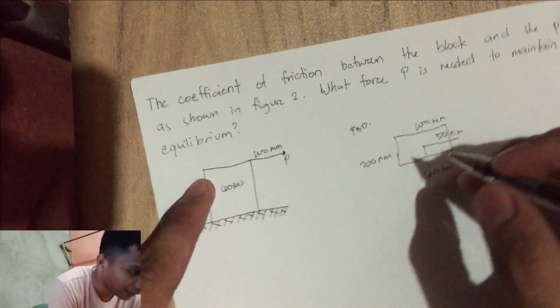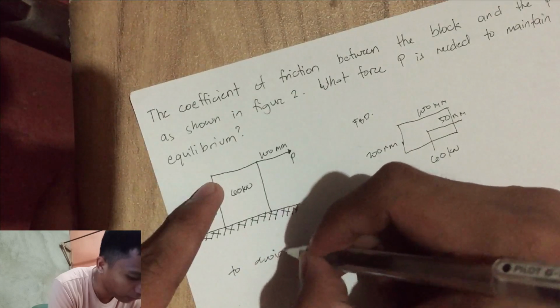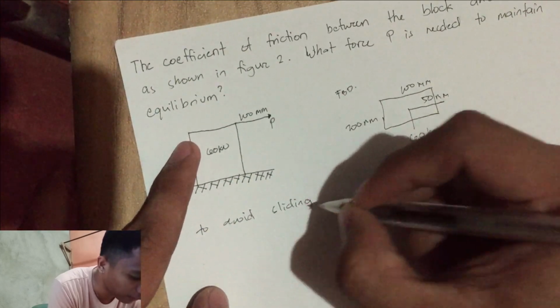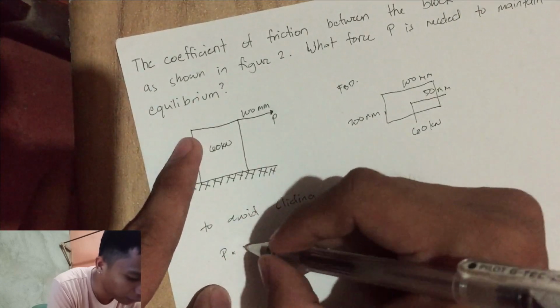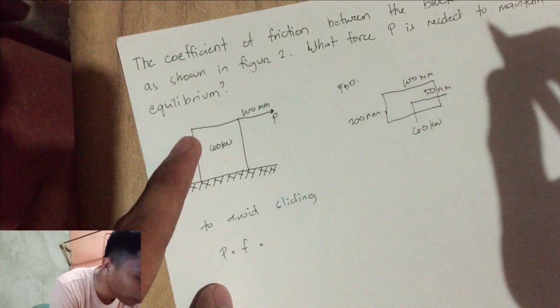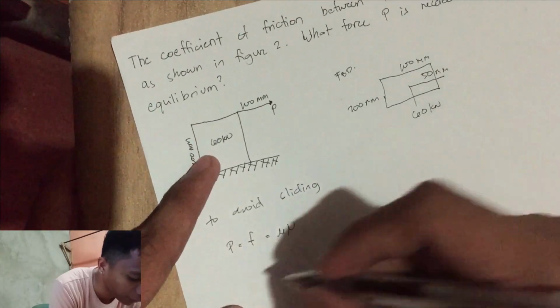To avoid sliding, we have P equals F, which is mu N, the natural friction.